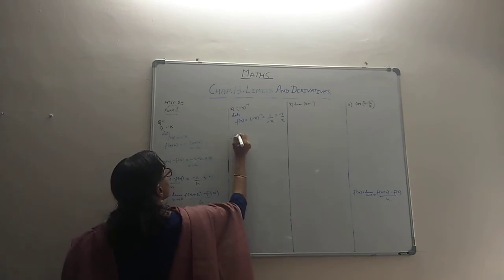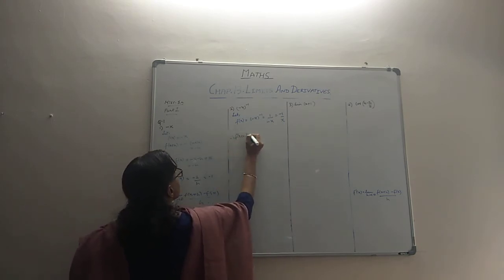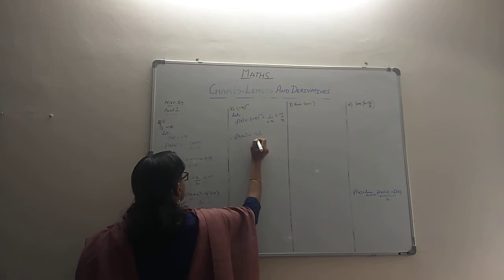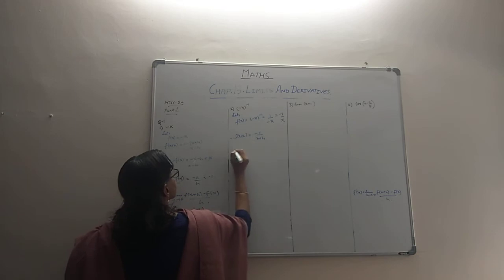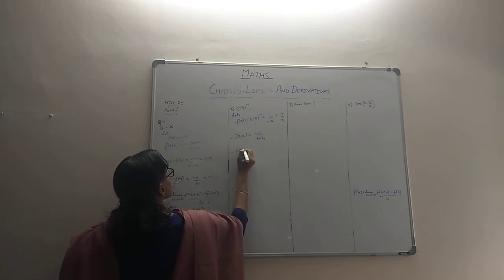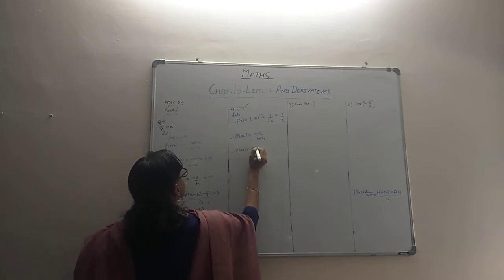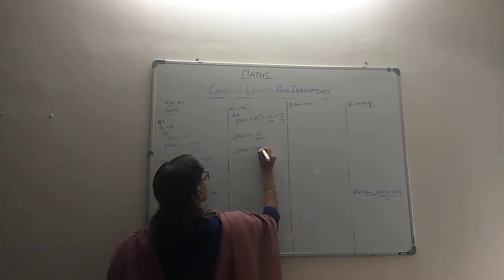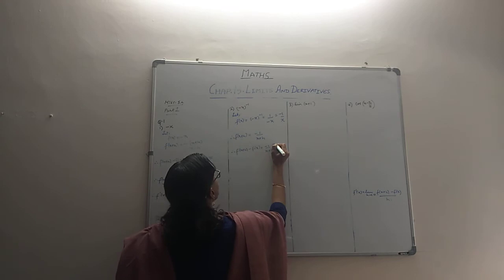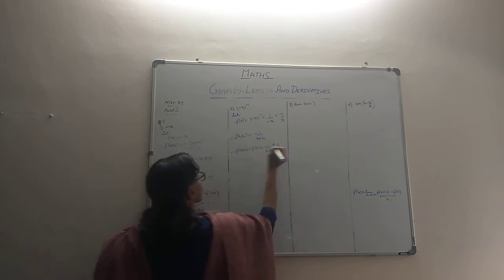Next step, f of x plus h. Wherever x comes, replace it by x plus h. So what will come? Minus 1 by x plus h. Next step, f of x plus h minus f of x. What will come? Minus 1 by x plus h minus of minus 1 by x.